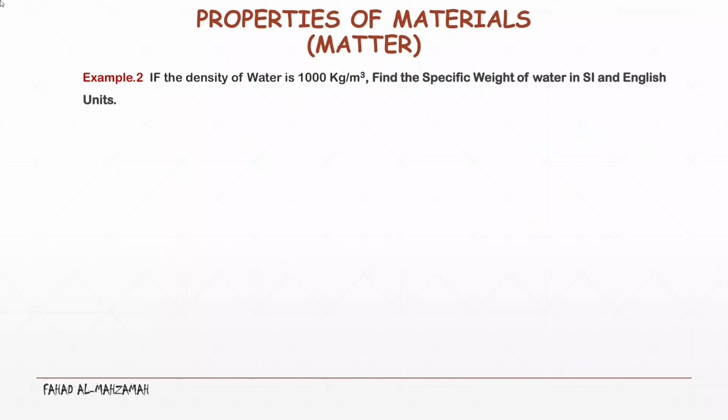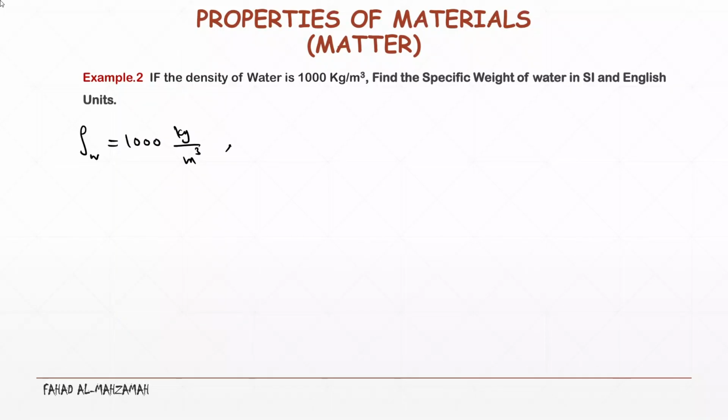It says if the density of water is 1000 kilogram per cubic meter, find the specific weight of water in SI and English units. So you need to solve for the specific weight.